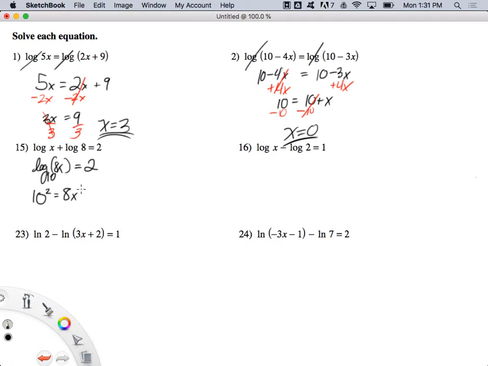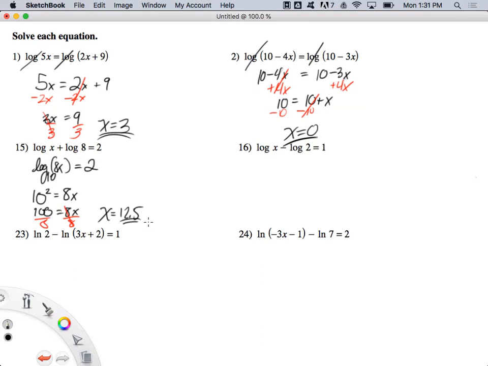Very good. So 10 to the second equals 8x, or 100 equals 8x. Then divide by 8. I get x equals 12.5. And I'm done. Go ahead and do number 16 on your own.